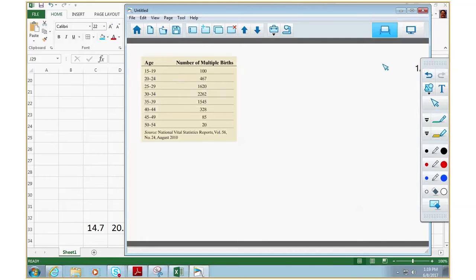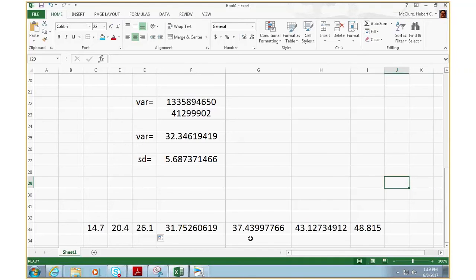So, what is the average age for a mother having multiple births? We found out that was 32. If you had a woman 13 years old, we won't talk about that. And we surely won't talk about the 50-year-old either. Let's just talk about the middle.